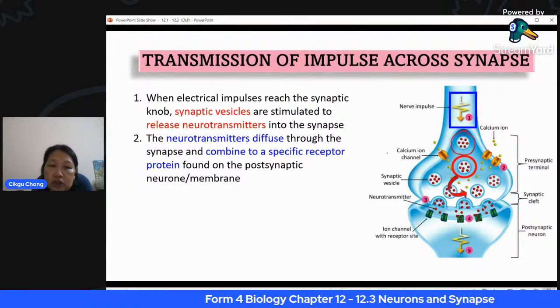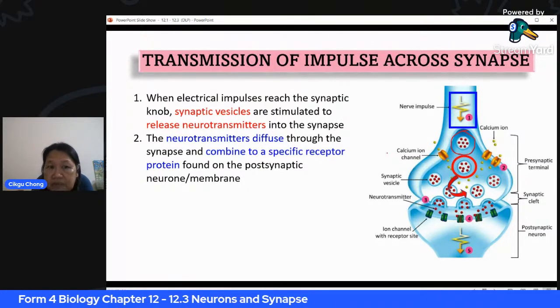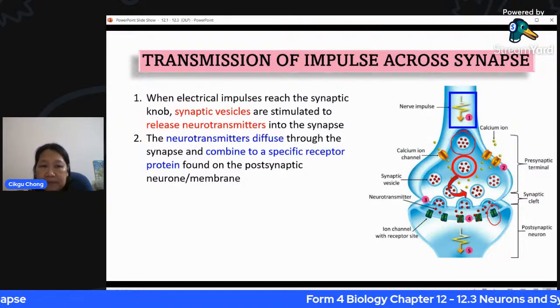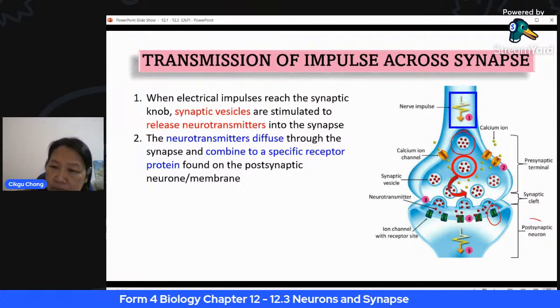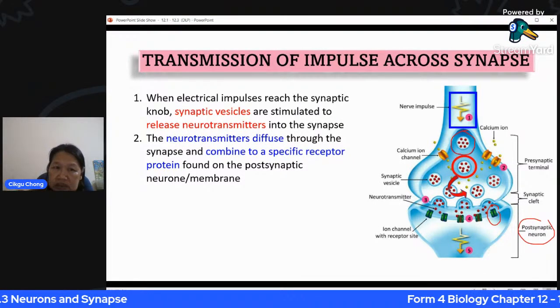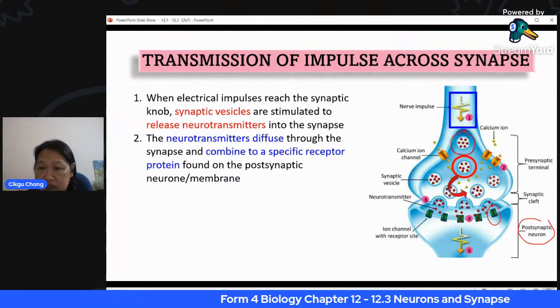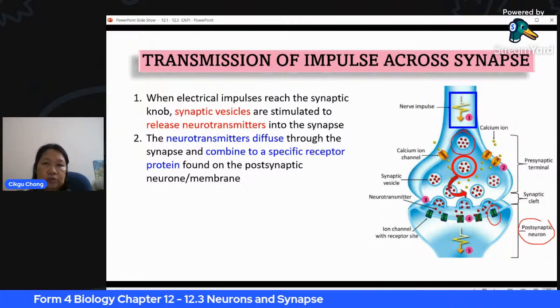So number 2, the neurotransmitters diffuse through the synapse, and after that combine with this receptor molecule, a receptor protein found on the postsynaptic membrane or postsynaptic neuron. Once it combines to it, it will trigger the electrical signals to be produced.